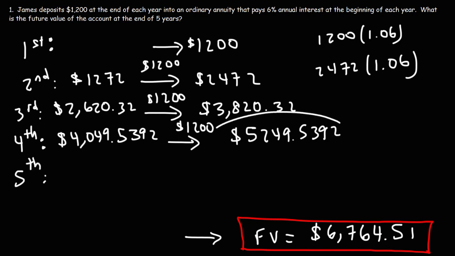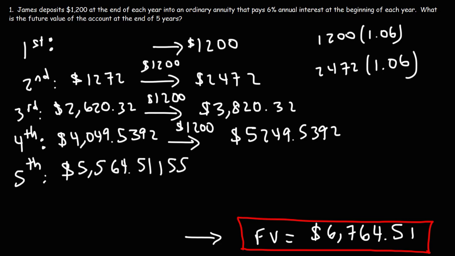Now let's multiply this number by 1.06. And so that's going to give us the account value at the beginning of the fifth year, which is $5,564.51. Now at the end of the fifth year, he's going to deposit $1,200.